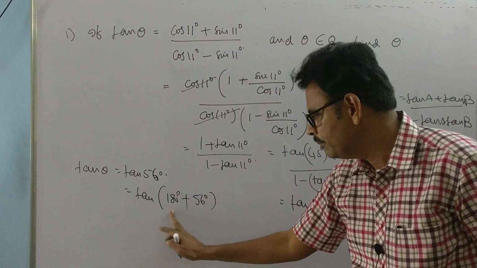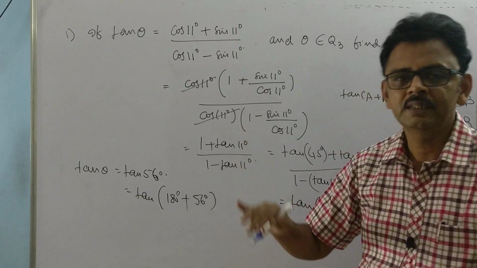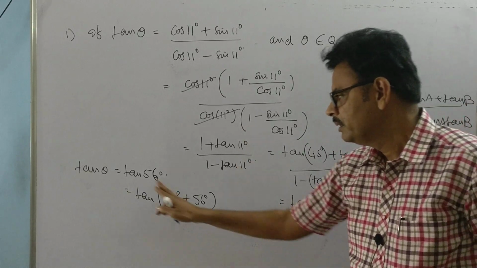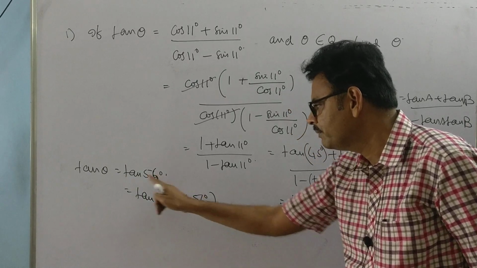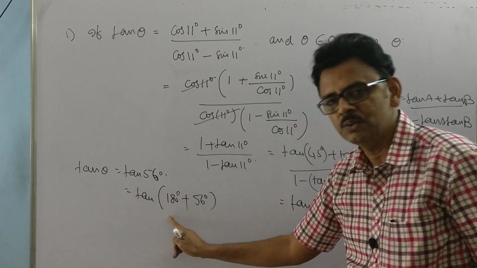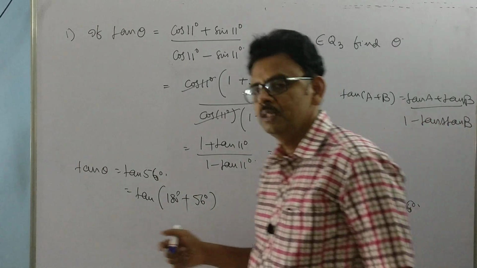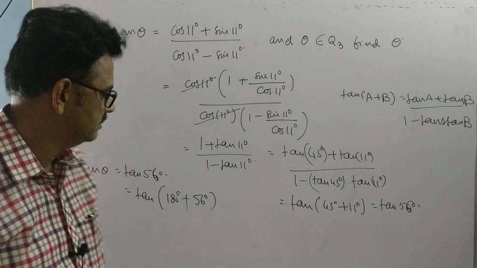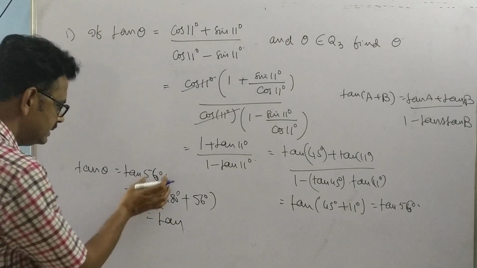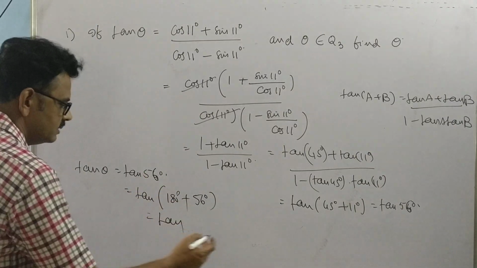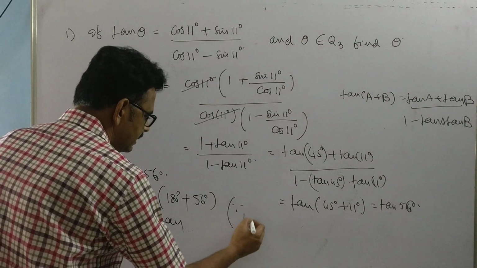Tan of 180 plus theta is tan theta, so tan of 180 plus 56 is tan 56.